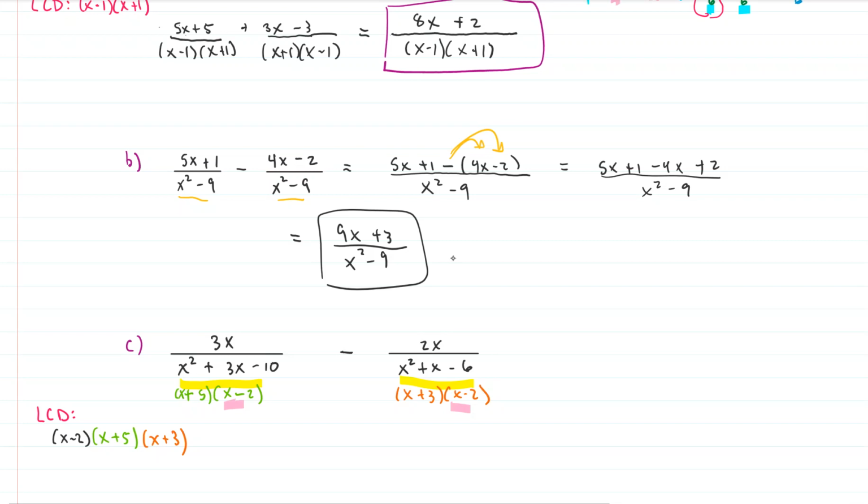So let's add that. And when I say add, I mean we're multiplying by x plus 3 over x plus 3. And we look at the second term and we're missing the x plus 5 term. So let's make sure that we multiply x plus 5 on top and bottom.